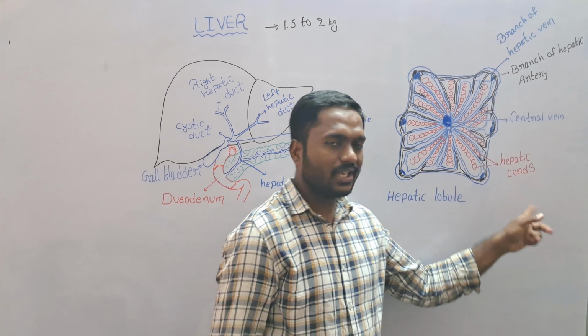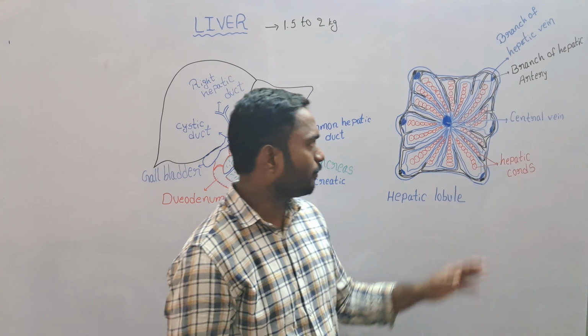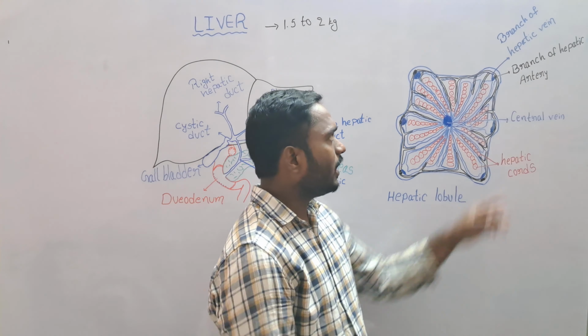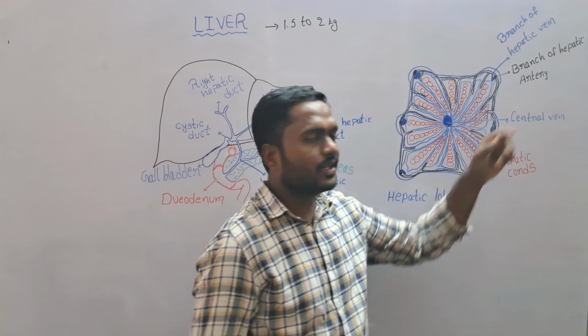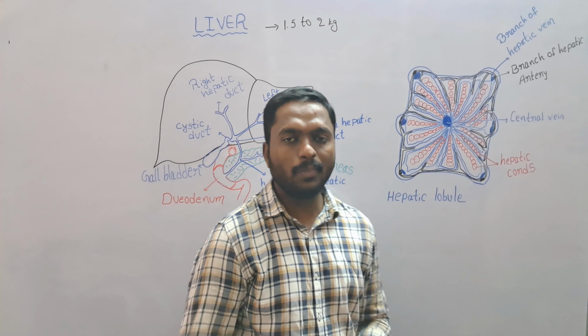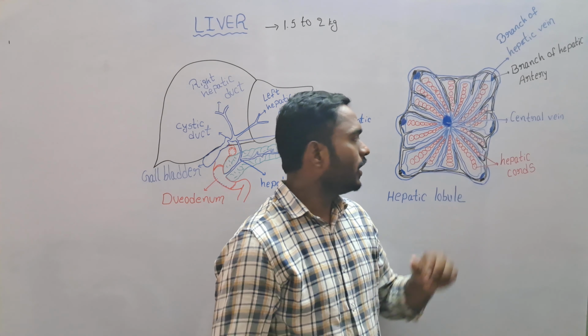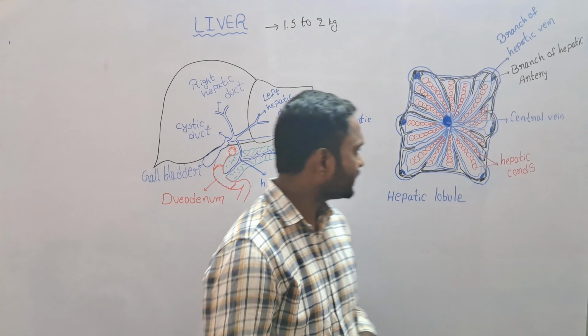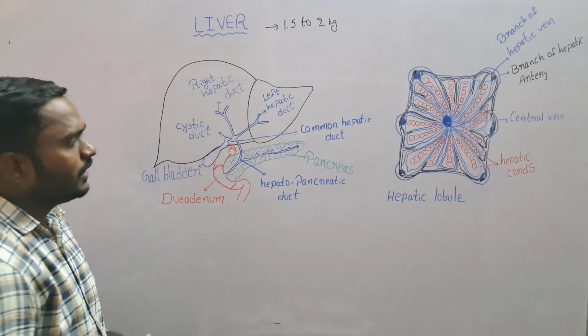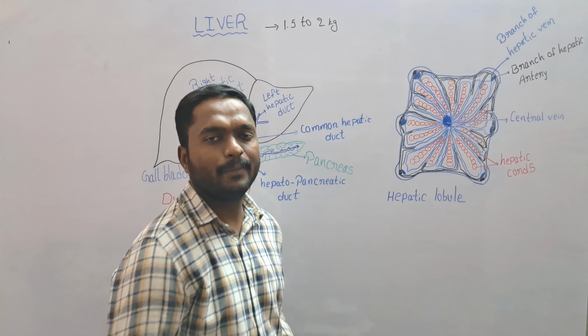Hepatocyte cells are involved in secretion of bile juice. Here, the vein and artery carry blood to the hepatocyte cells. The liver secretes bile juice.